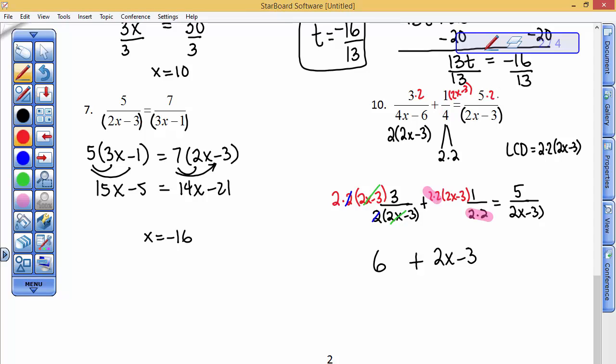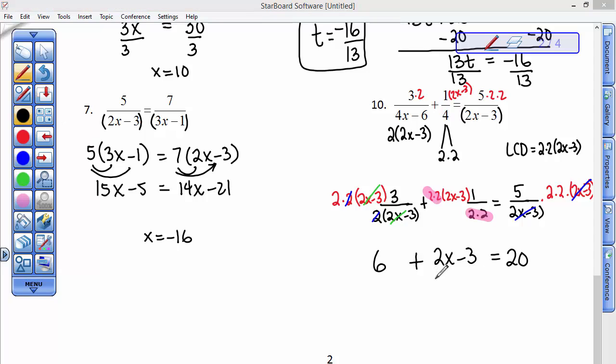So I might just say I'm going to multiply the right side 5 times 4 and just get a 20. I knew that if I multiplied this by 2 times 2 times 2x minus 3, the 2x minus 3's would cancel out and the 5 would get multiplied by 4.